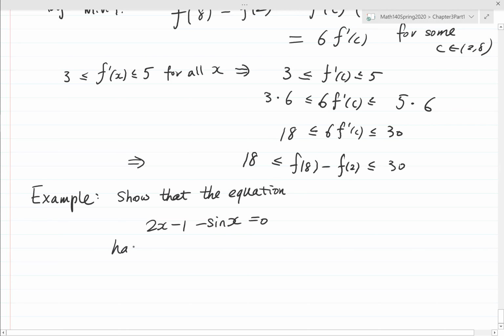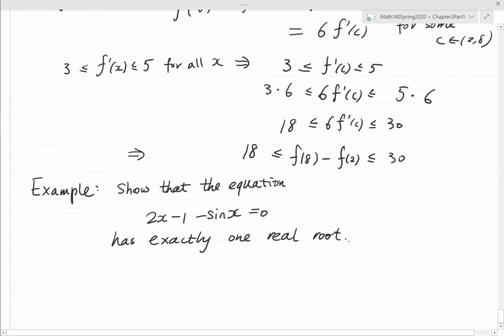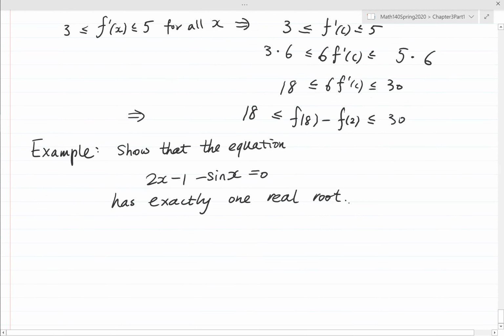Now we first show that it has one root, then we show that it has exactly one root.